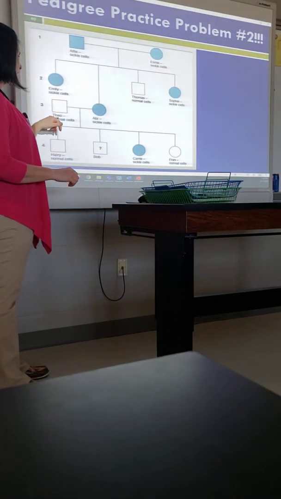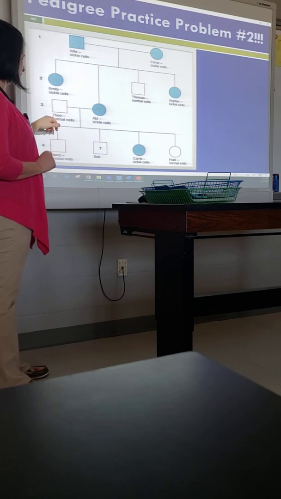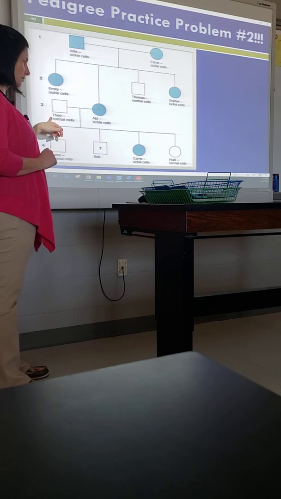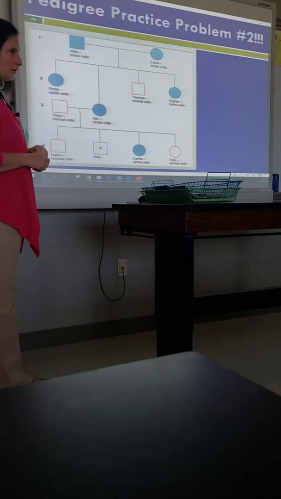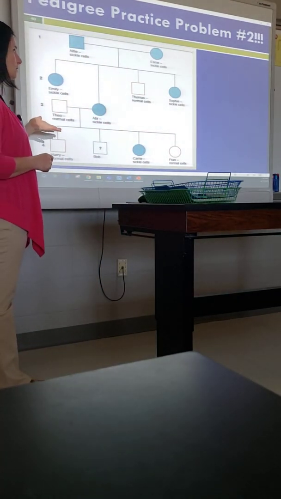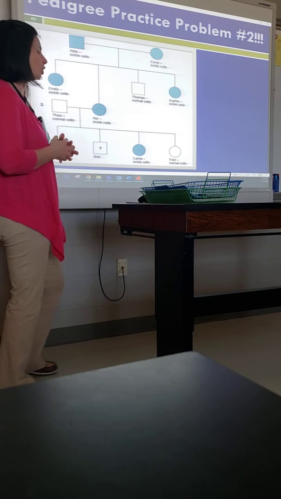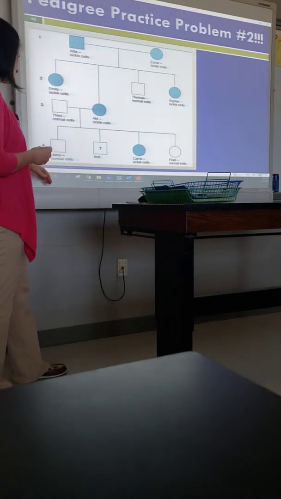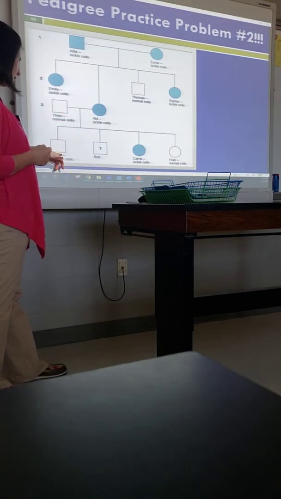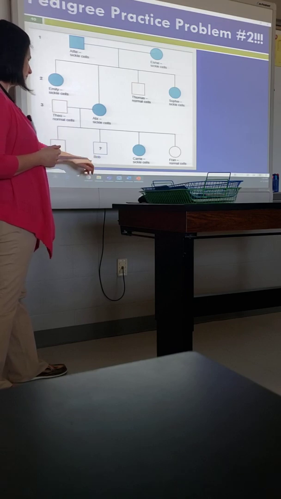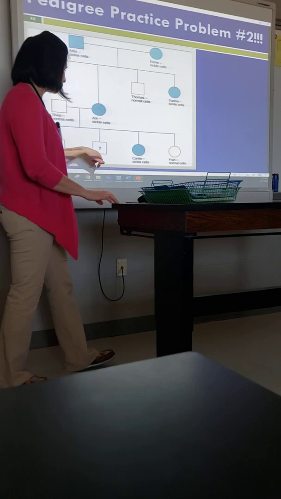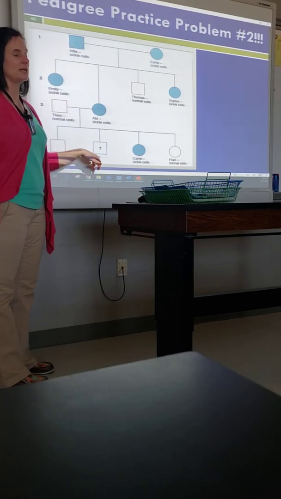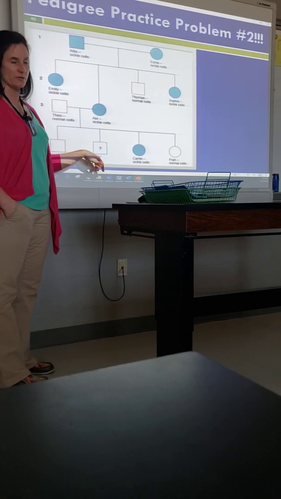Then Abby marries a person named Theo who has normal cells, and they have 4 children, right? So we can use Punnett squares to determine the chances that Harry will have it, who is an offspring, and Bob. Harry has normal, Carrie has sickle, Fran has normal. We're trying to figure out what's the chances that Bob would have the sickle cell or the normal cell.